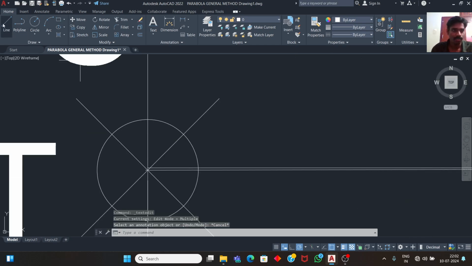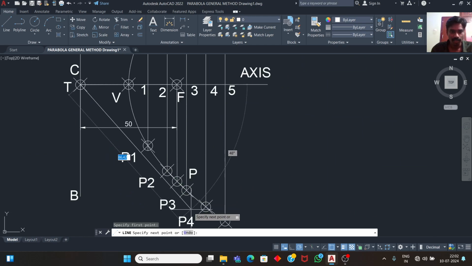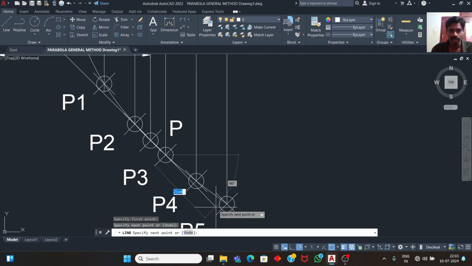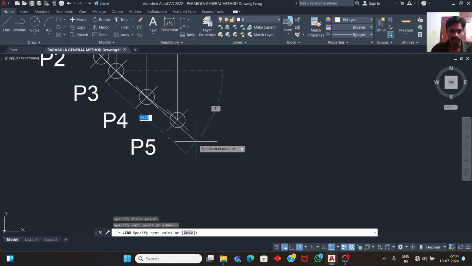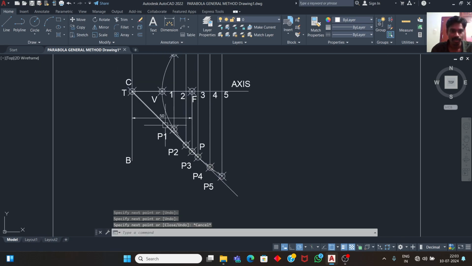From this point T, to the point we have already located, that is P here, draw a line from T to this point P. So this is the tangent line.